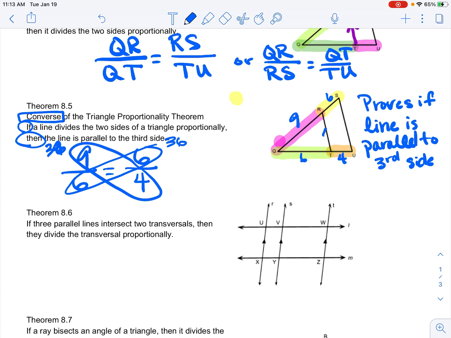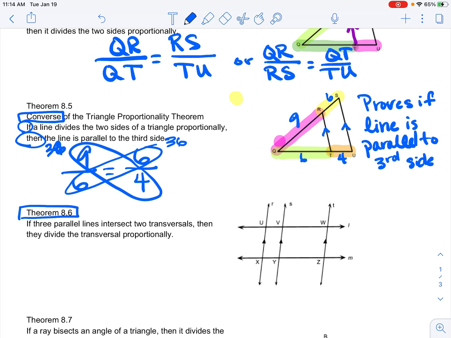Now, if those are the measures, then yes, the lines are parallel. So if it's proportional, then the lines are parallel. On this particular one, we're proving if the lines are parallel.